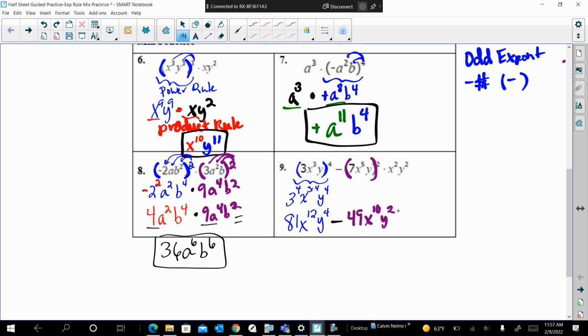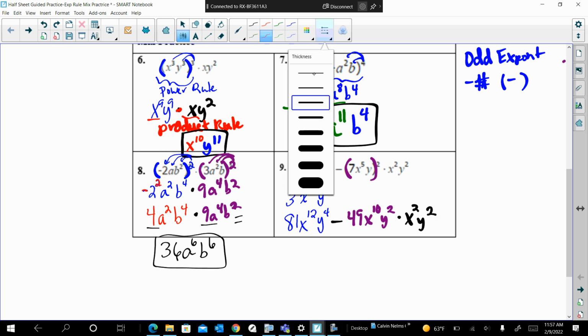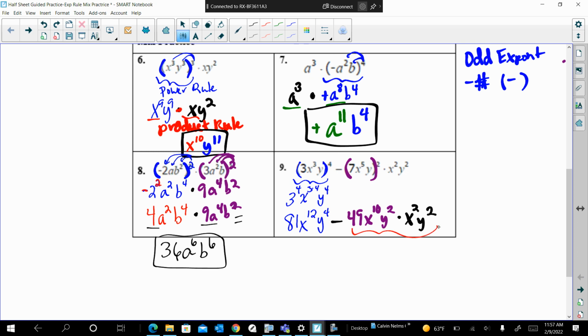Then move down x to the second power and y to the second. Yeah, we bring that down, x to the second, y to the second, and we're multiplying those. And because we're multiplying these two here, we use the product rule. Yep, we do addition. So do the addition to only the last two terms. What's your final answer?